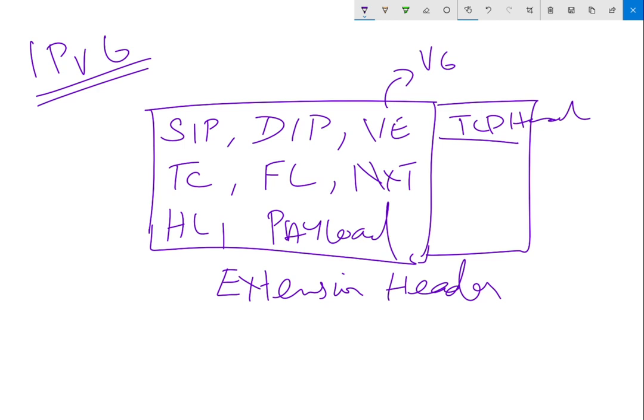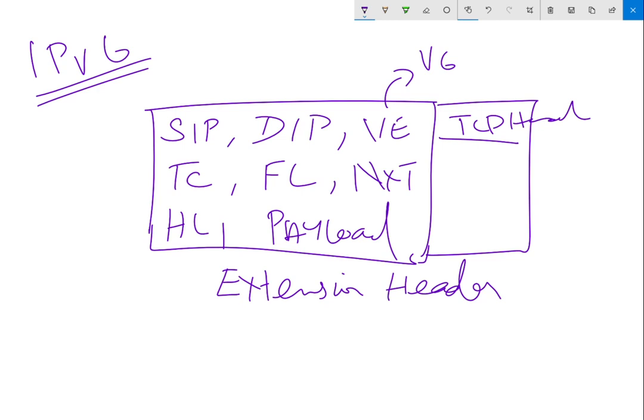So we are moving from IPv4 to IPv6. We are migrating from IPv4 to IPv6. Even though we say that IPv6 is very advanced and very convenient to use, migrating from IPv4 to IPv6 completely all of a sudden is going to be very difficult.